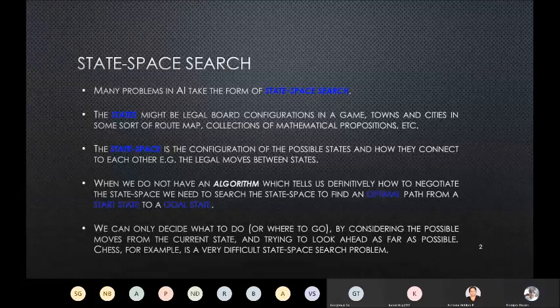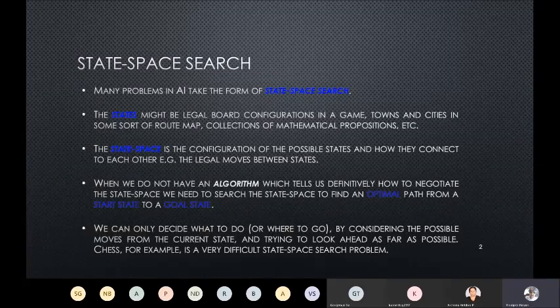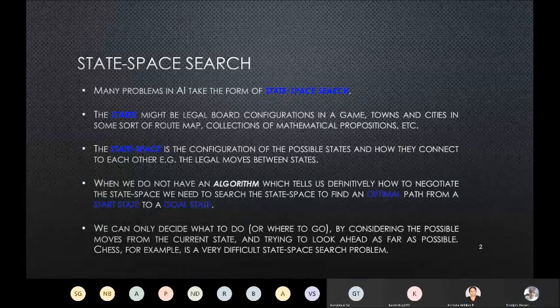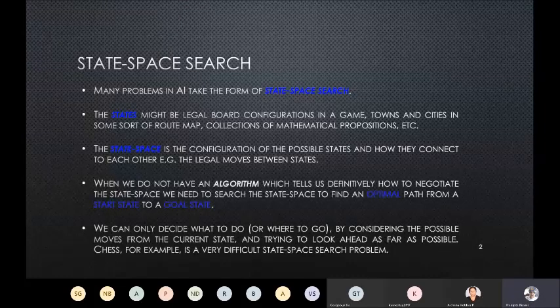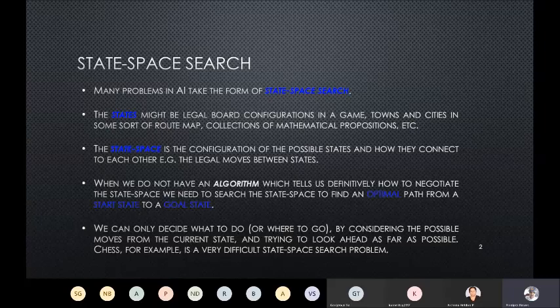So state space search is an abstract notion of solving or defining many problems. And the state can be defined in any different way that you want to define a problem, but necessarily, as the name means, any particular state of affairs, like for example, a legal board configuration in a game of chess, or your position in a particular town, city, or a particular geographical location.